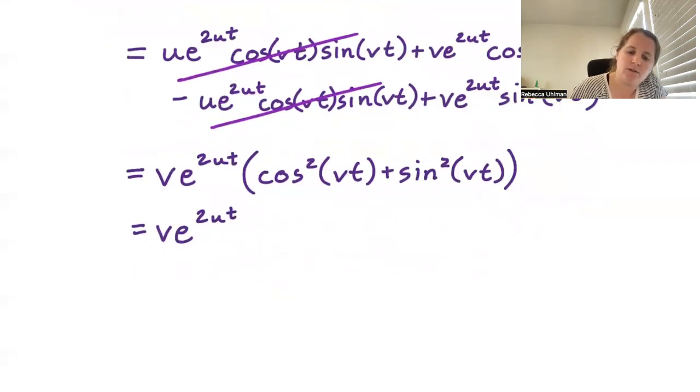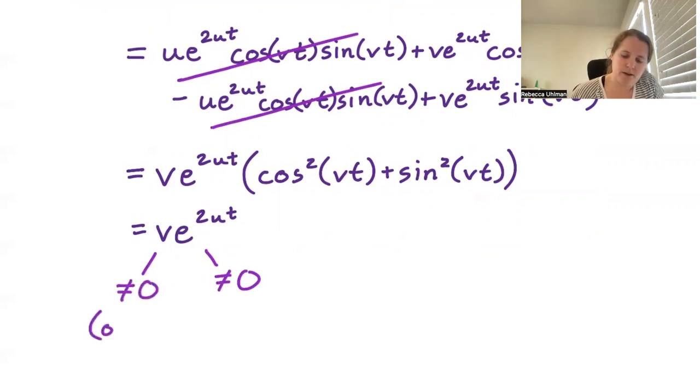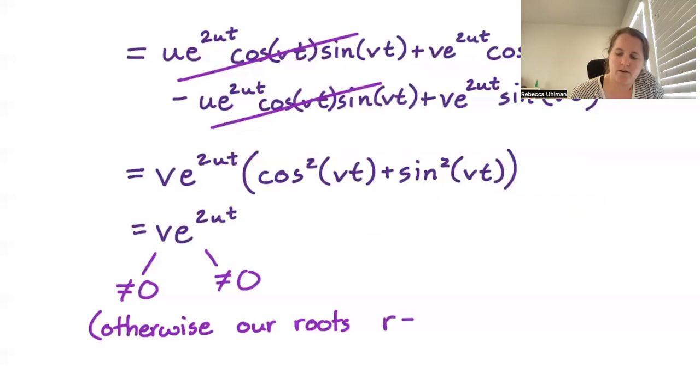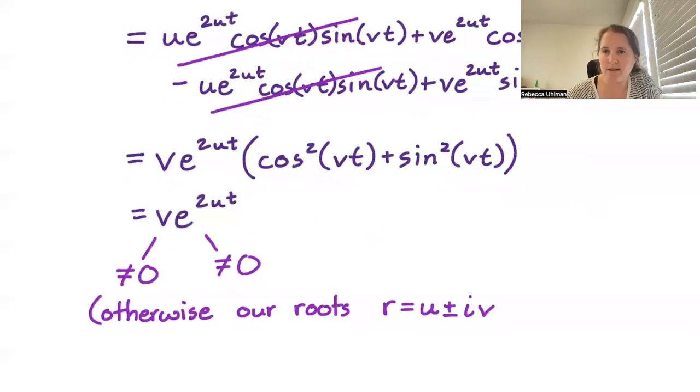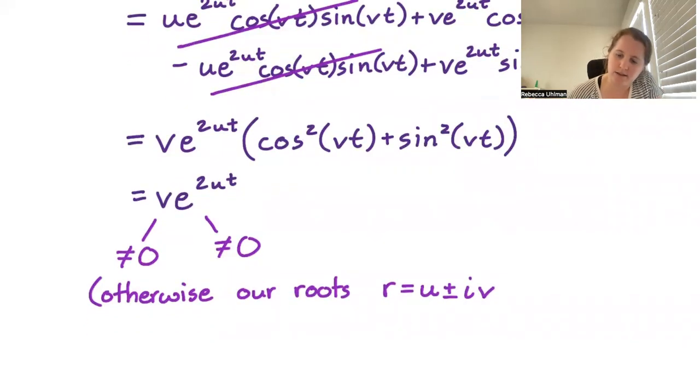Now e to the 2ut is never 0. And v in this case is never 0. Otherwise, our roots u plus or minus iv would not be complex, and would not be in this case.